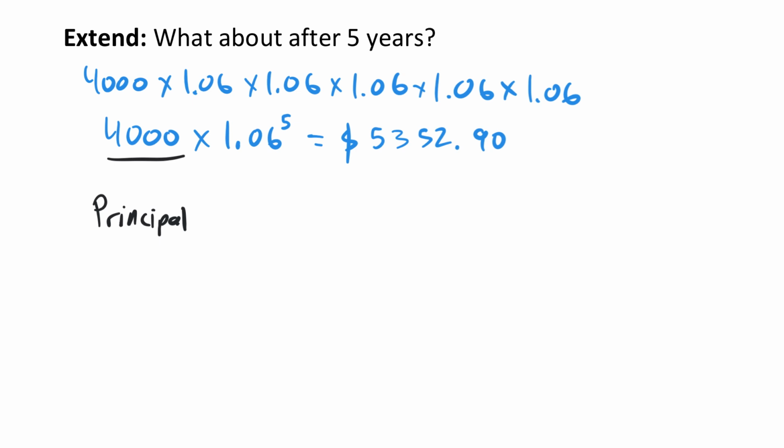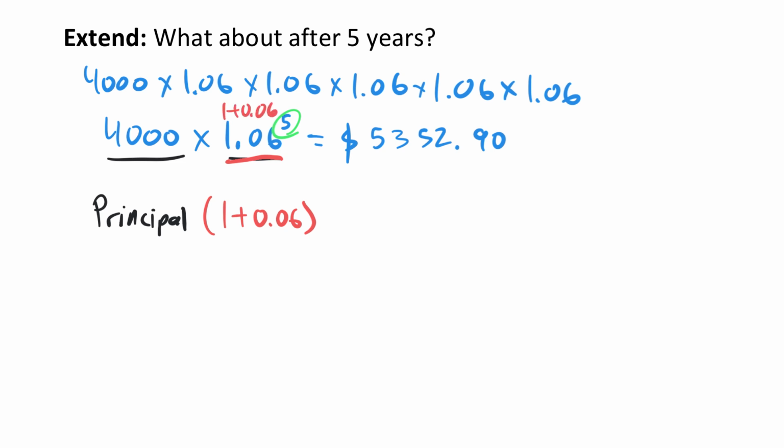Now the 1.06, we should probably break that down as 1 plus 0.06. And then the 5 we have over here. So there's these two different things. So let's break down, maybe I'll write that here. 1 plus 0.06.